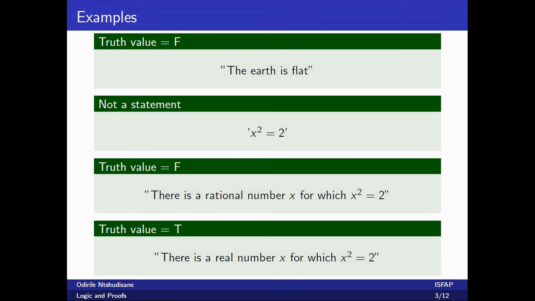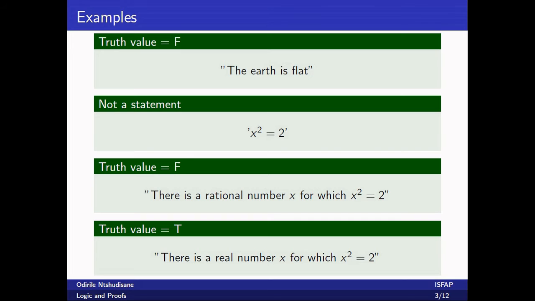X squared equals 2 can have truth value true or false depending on what you choose x to be, but here an x is not specified, so this statement is neither true nor false, so it doesn't count, in our sense, as a statement or a proposition.